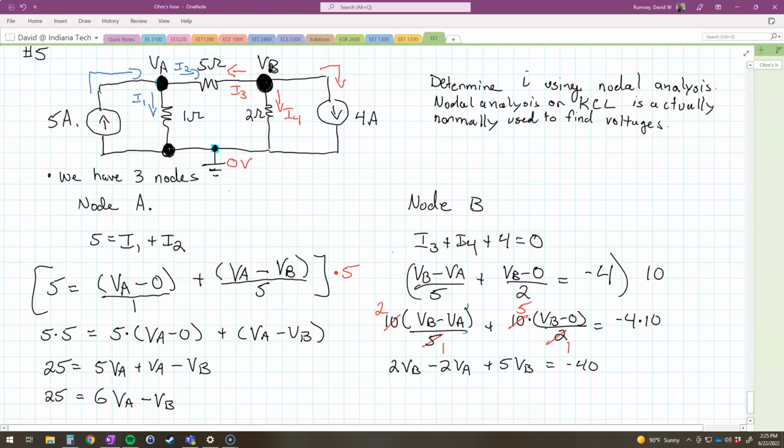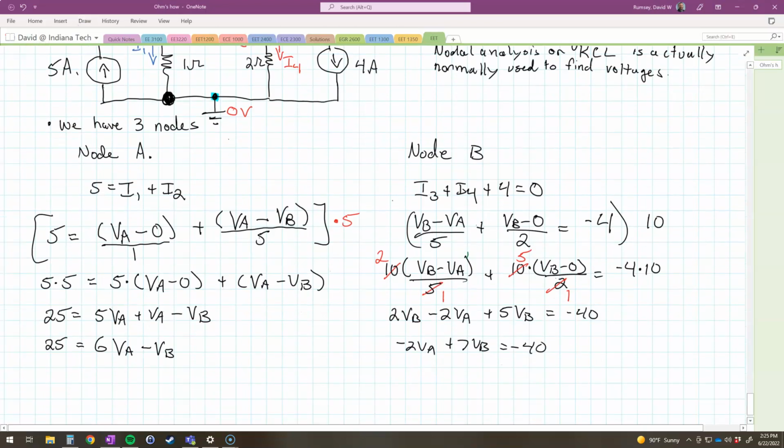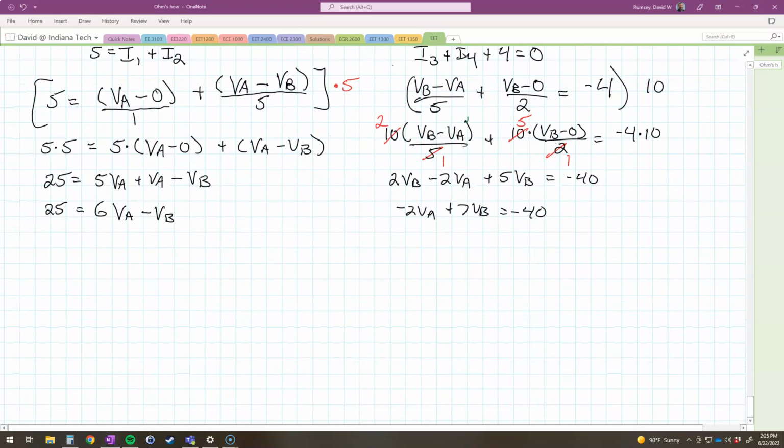And so we'd wind up with minus 2 VA plus 7 VB is equal to negative 40. Now we just have a system of equations with two unknowns that we need to solve.